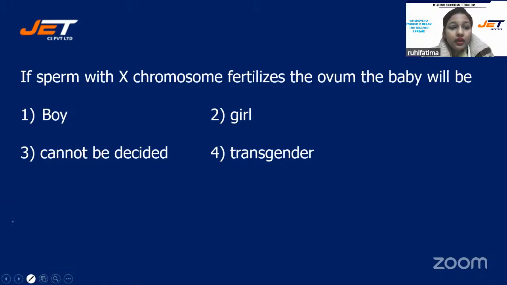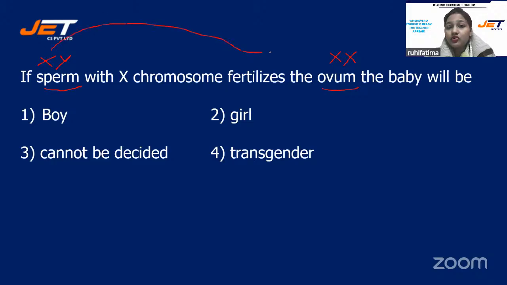Since we are talking about sperm fertilizing with what? Ovum. So we know that ovum has only X chromosome, and sperm has both X and Y chromosome, right? But what the question is saying, the sperm is fertilizing with X chromosome.